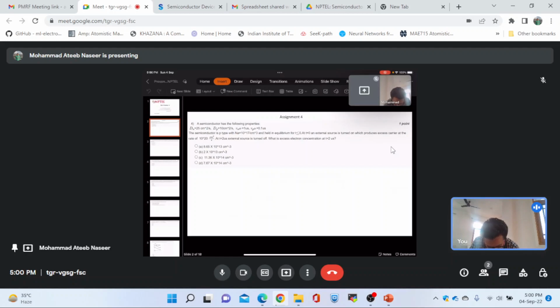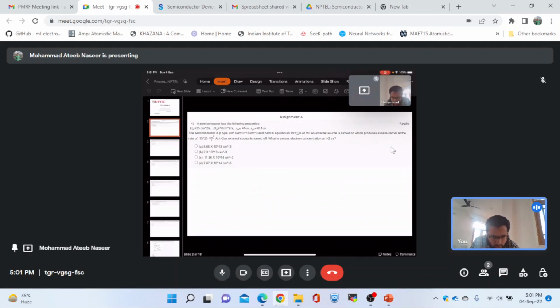It states that we have a semiconductor which has the following properties. Dn is given to be equal to 25 centimeter square per second, Dp is 10 centimeter squared per second, and the tau n naught is equal to 1 microsecond, while tau p naught is equal to 0.1 microsecond.